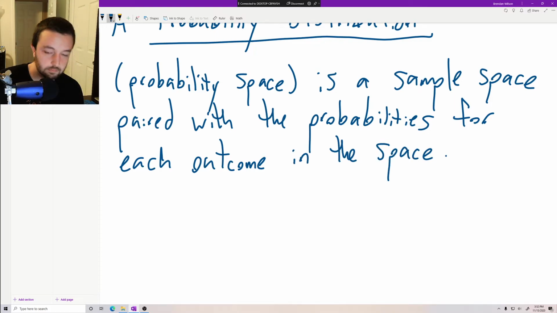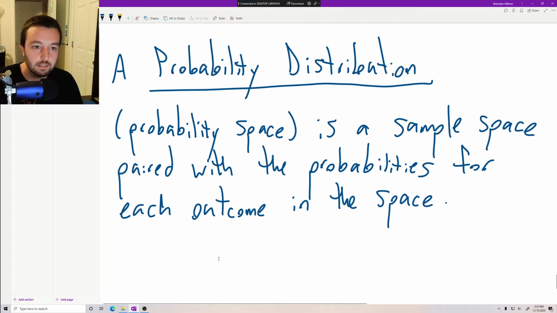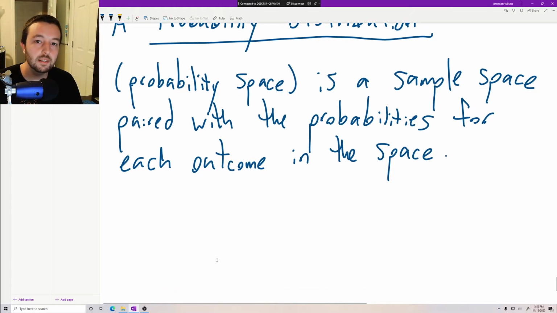Okay. So you just basically take the sample space and then you write down the probability of each outcome. So it's just a complete list of all of the possible probabilities, which can be helpful as a quick reference if you're working with the same sample space a lot.